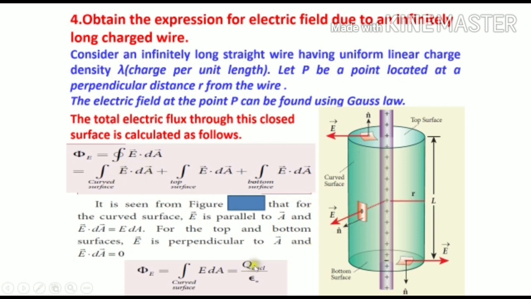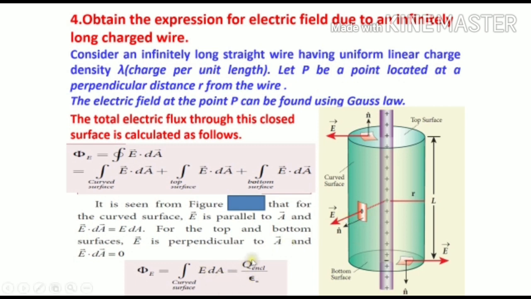So now phi E becomes the integral of E dot dA. According to Gauss law, the total flux through the closed surface is equal to 1 by epsilon 0 times the net charge enclosed.